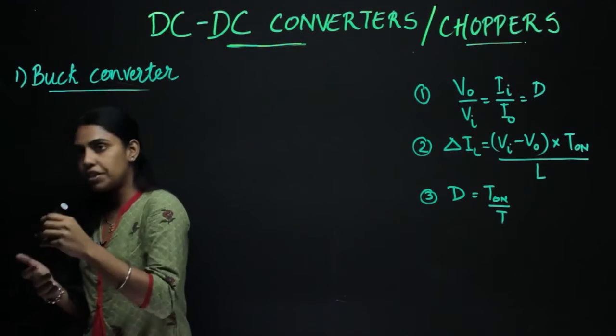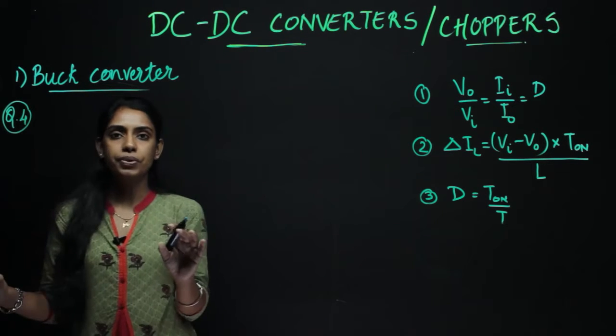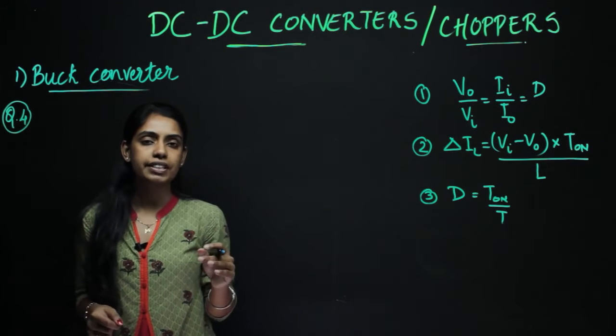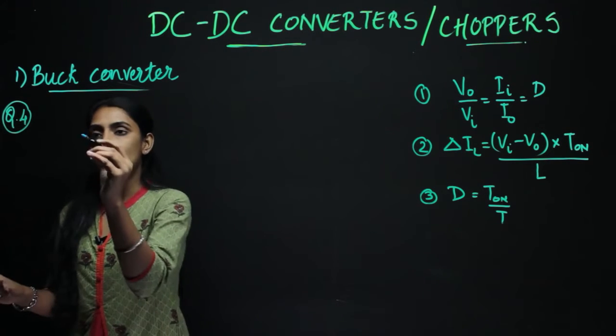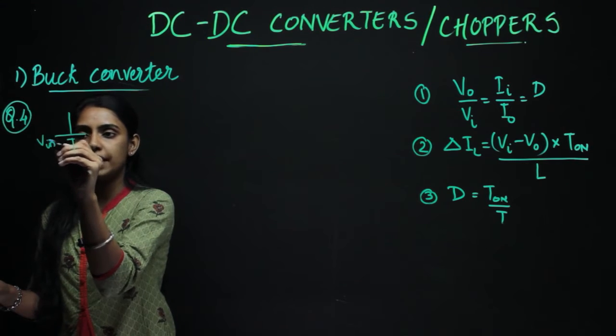So question number 4. This is not a numerical. Here they have given a chopper configuration, and they're asking us to find out what kind of chopper is it. So what they have given is this. There is an input voltage V in.